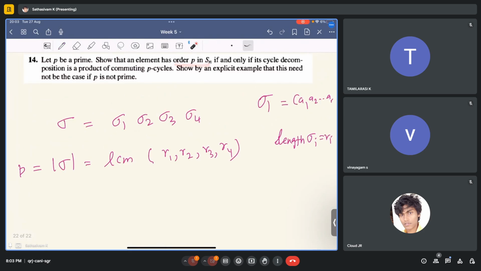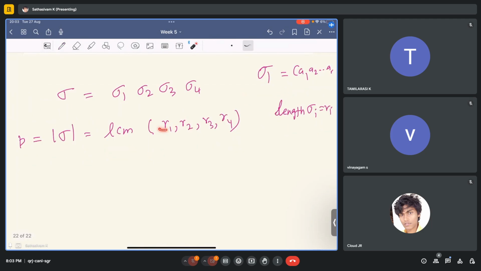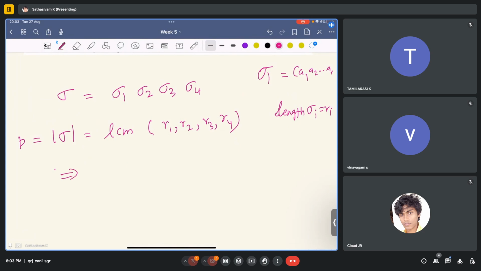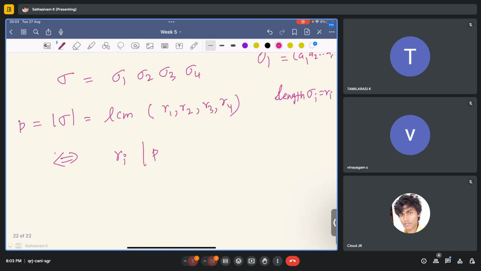The order is p if and only if every r_i divides p. That is, r_i is either p or 1.